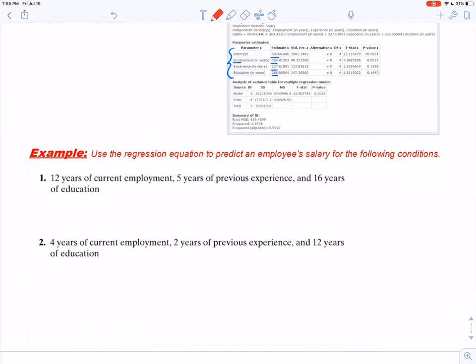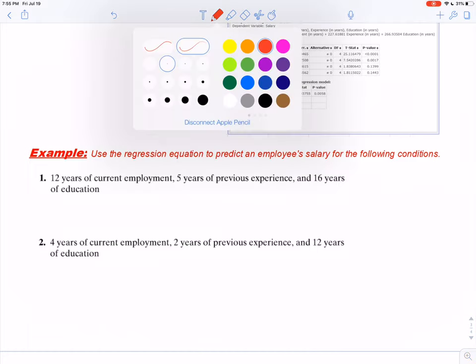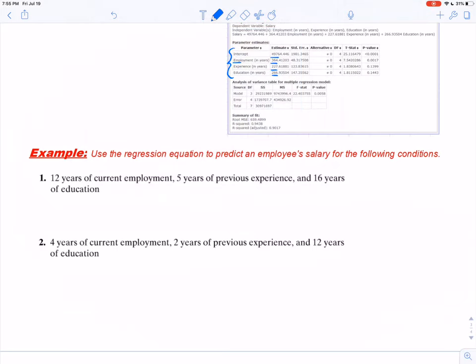Our first example says we want to look at 12 years of current employment. Remember employment is x1. 5 years of previous experience, remember experience is our x2, and 16 years of education, where education is our x3.